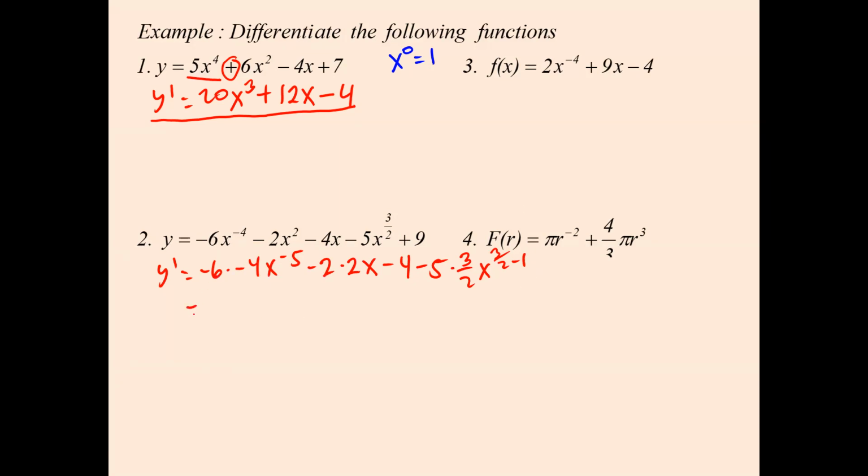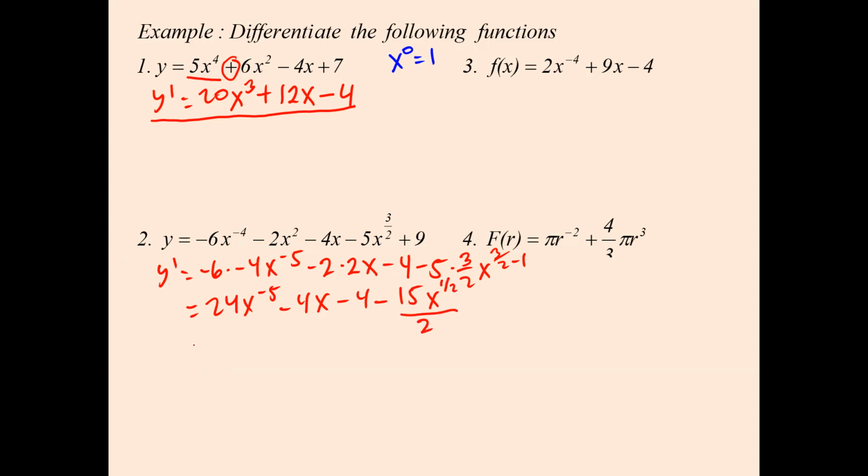Okay, simplify. Negative times negative is positive. 6 times 4 is 24, 4x raised to negative 5. Negative 2 times 2 is negative 4x. Minus 4, minus 5 times 3 is 15. X raised to 3 halves minus 1 is 1 half over 2.